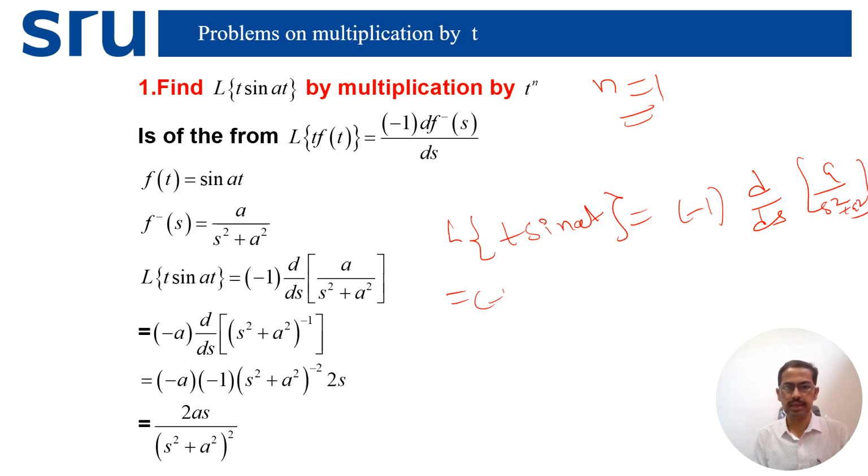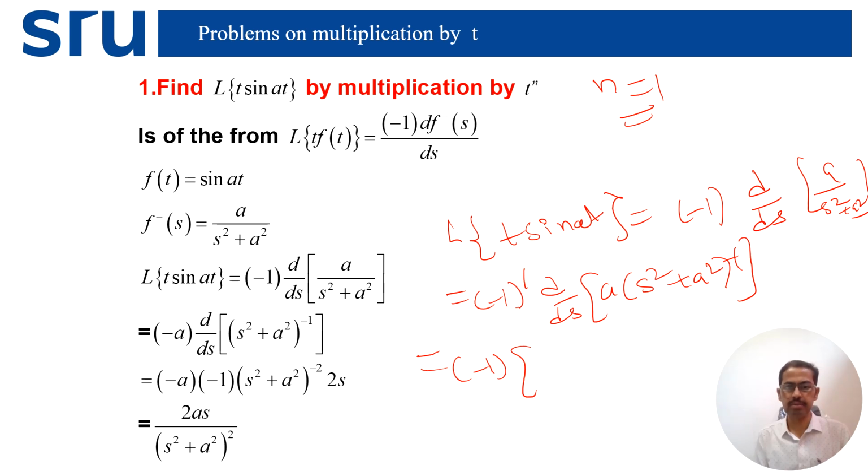This is equal to minus 1 whole power 1, only 1, d by ds of, here a is constant, a into s square plus a square whole power minus 1.